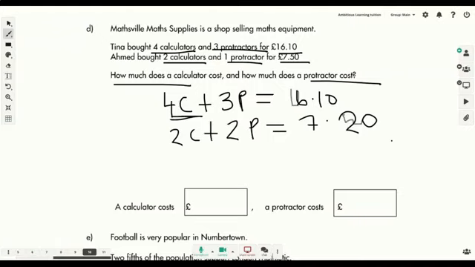First, I need to try to subtract this from this.